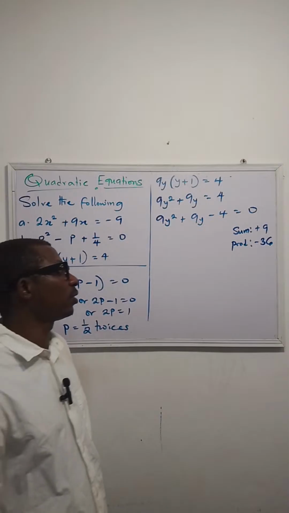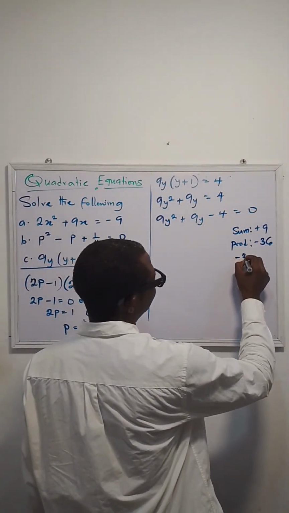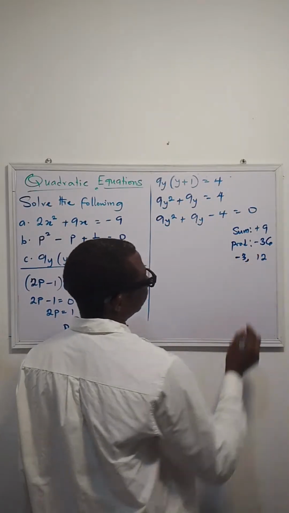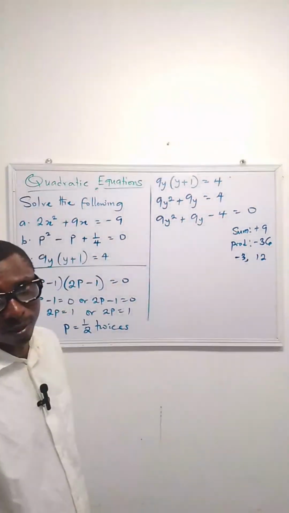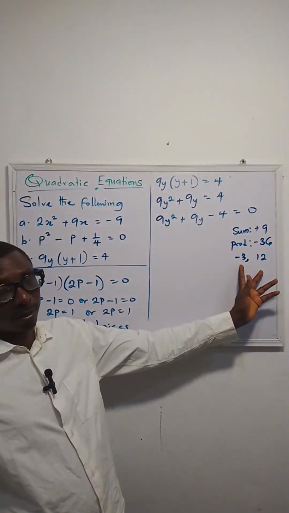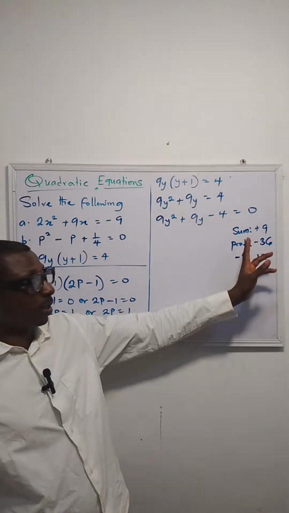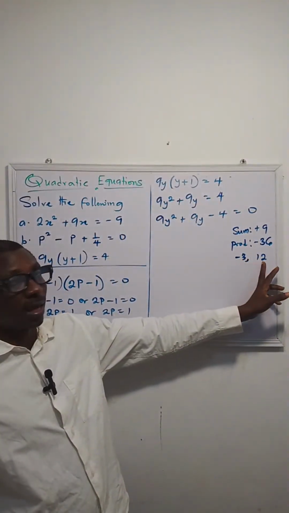All right, so now let us look at this. Negative 3 and 12. Can these two numbers be the two numbers whose product is this and sum is this? Let's check. What is 3 times 12?